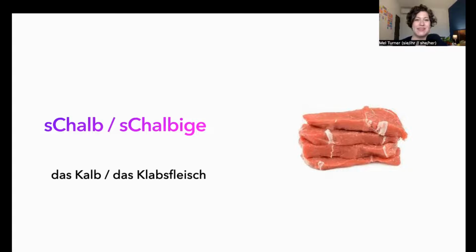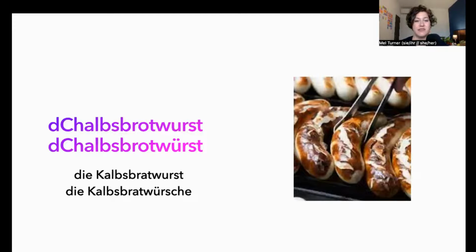Then we have a Kalbsbratwurst, or in Basel, a Kalbsbratwurst with an A, depending on where you are. That's a white sausage. Fun fact, the white sausage also has a lot of pig in it, so it's not only veal, it's a mix of several. Why we call it that, I don't know. But just so you know, there's lots of different meats in there.